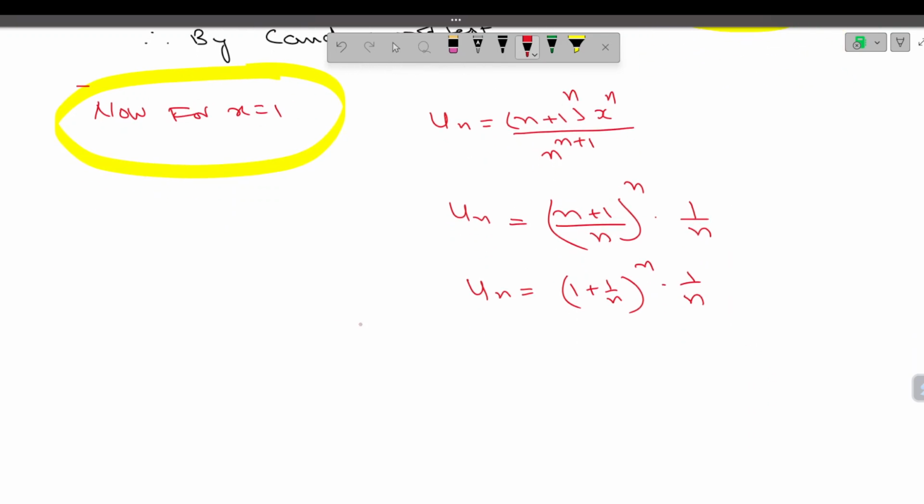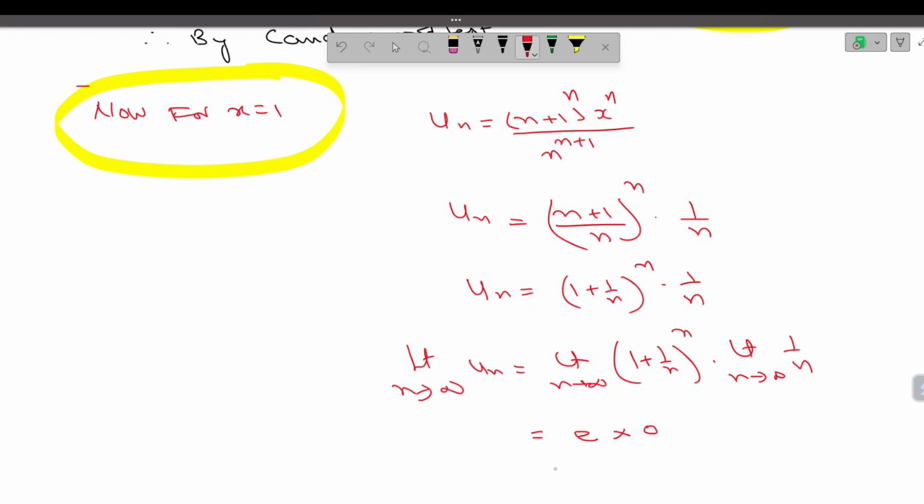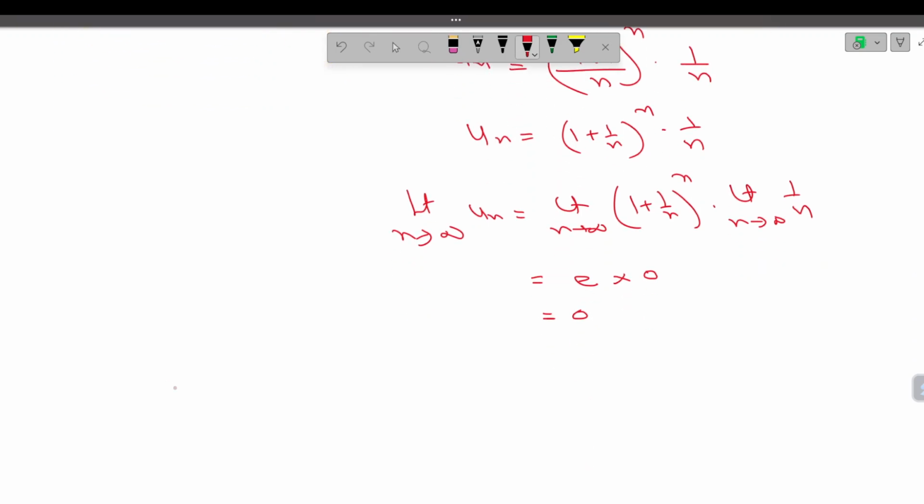Now apply limit n tends to infinity. Here, (1 plus 1 by n) whole to the power of n is e, and I am writing the separate limit 1 by n, which tends to 0 as n tends to infinity. 0 into any finite value is 0.